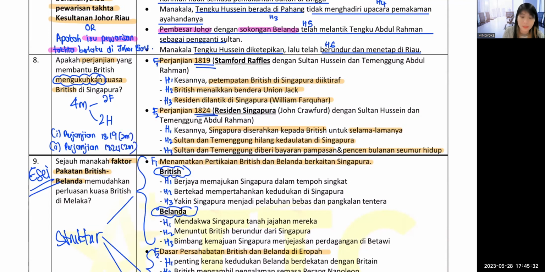It means I want 2 huraian and 2 huraian. Because if you write back the Perjanjian, according to the soalan, no marks one. Understand? Okay, can everyone? So 2 huraian and 2 huraian.